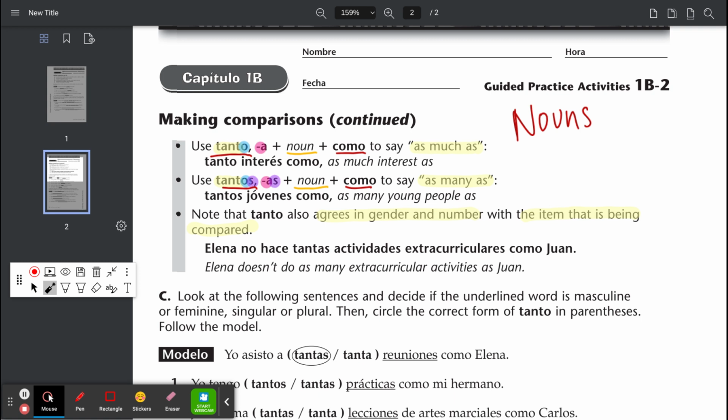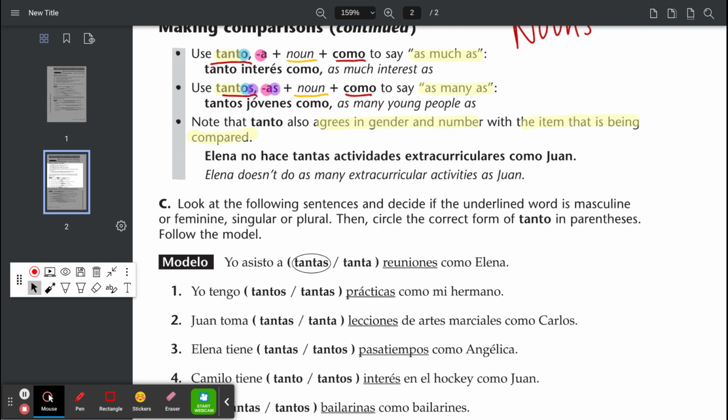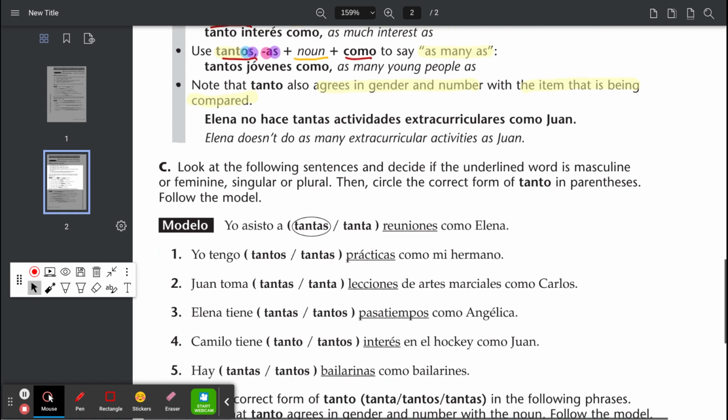All right, so we're going to move on to section C, put it into practice. So looking at the sentences, we're going to decide what is underlined, whether it's feminine or masculine, singular or plural, and we are going to match the word in parentheses. So number 1, yo tengo blank prácticas como mi hermano.